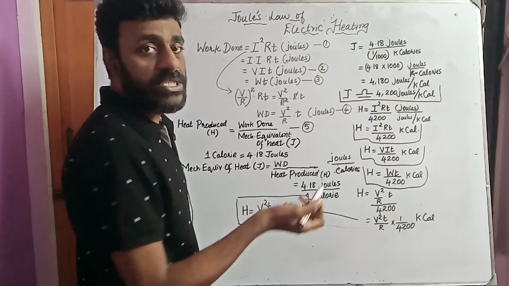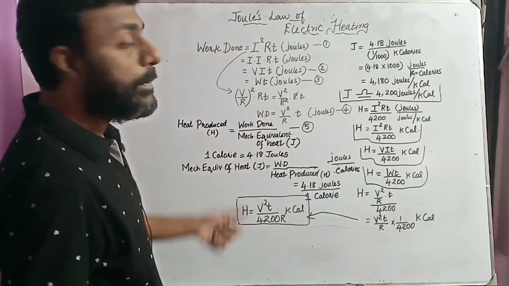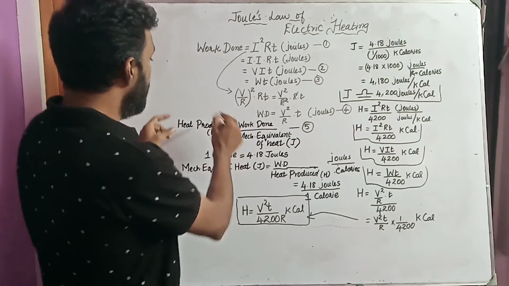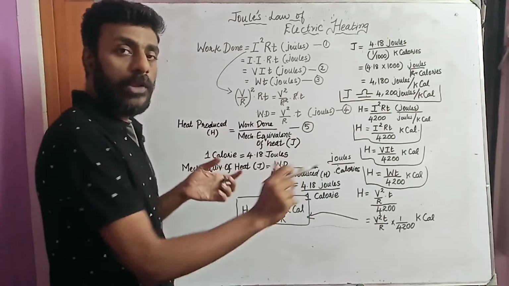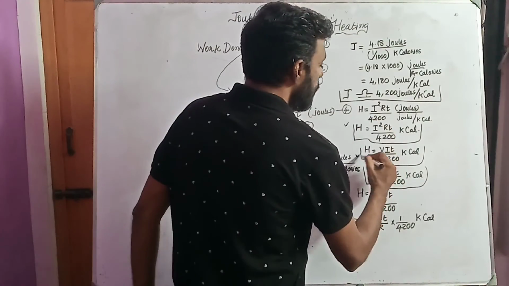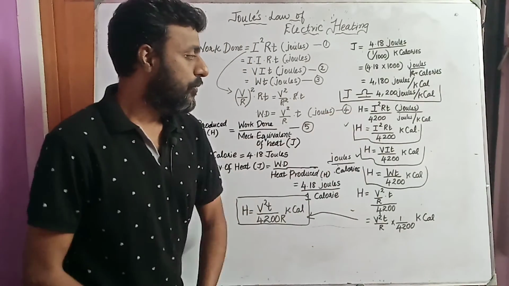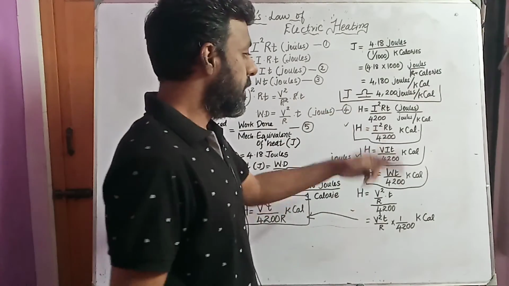The value keeps on changing, so similarly the heat produced value also will keep on changing. So these are the heat produced values. So you can substitute in the formula and you can get the result.